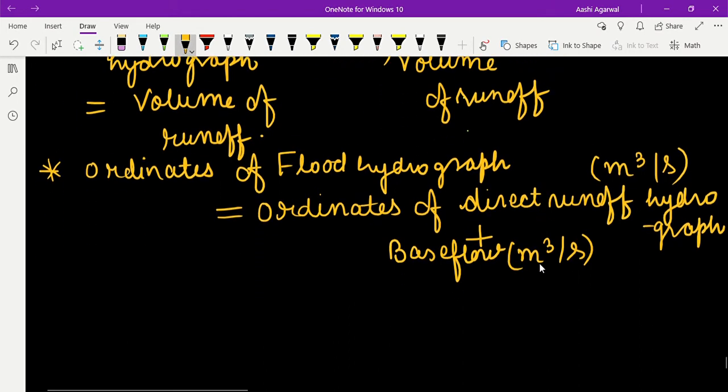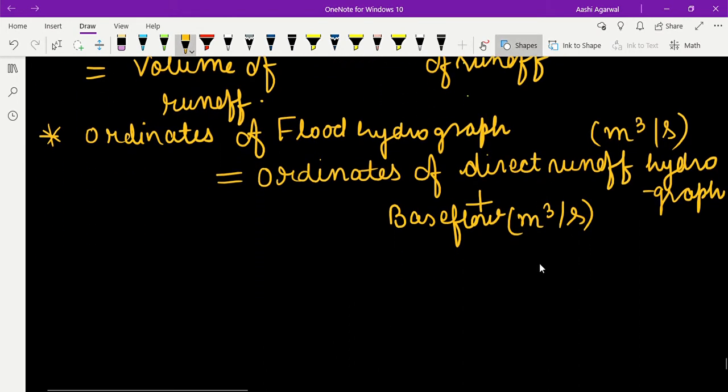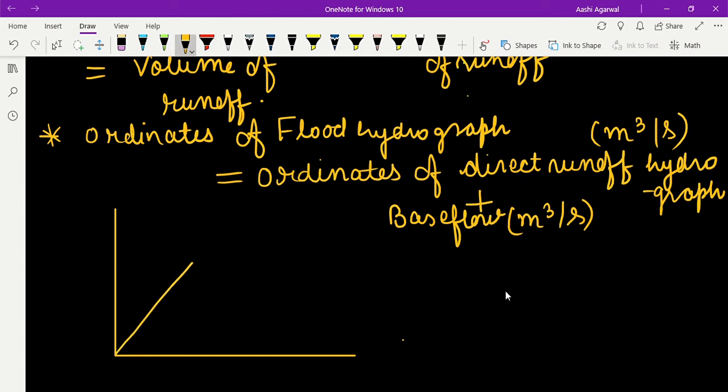So you can understand it with one more diagram I'll plot. Suppose, assume it is a triangle. So assume this is a smooth line basically.